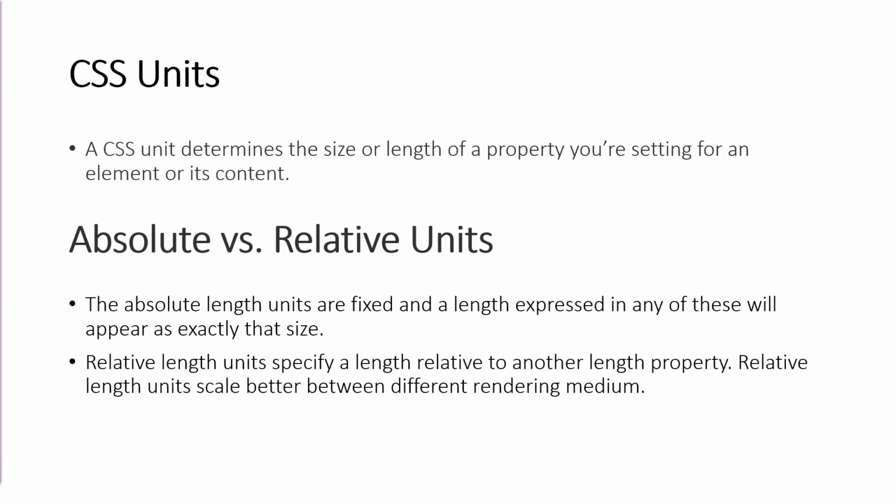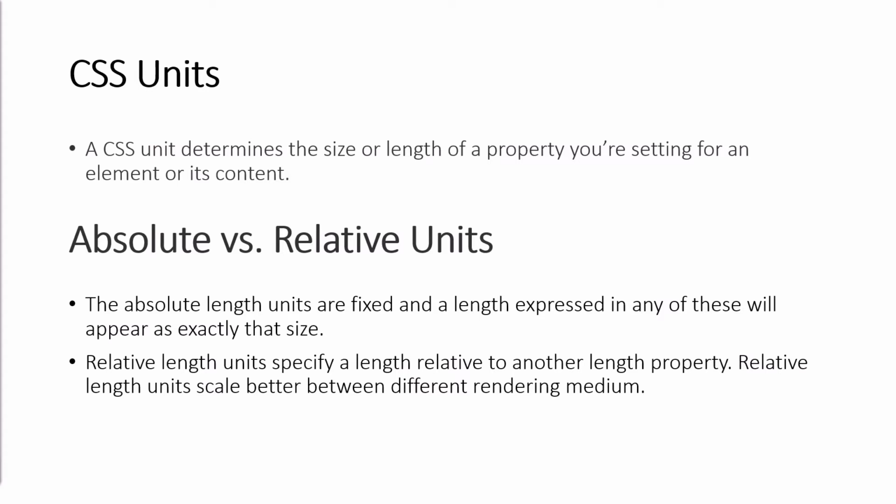Absolute lengths use units that are fixed, and they will appear as exactly that size. Relative length units specify a length relative to another length property.